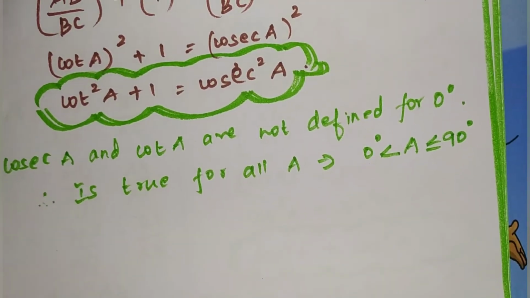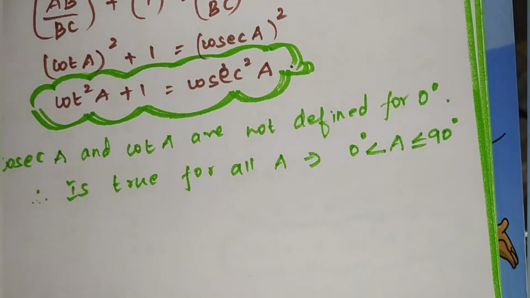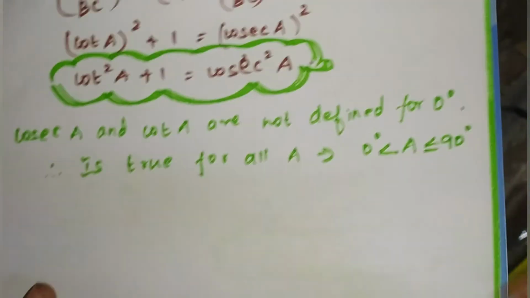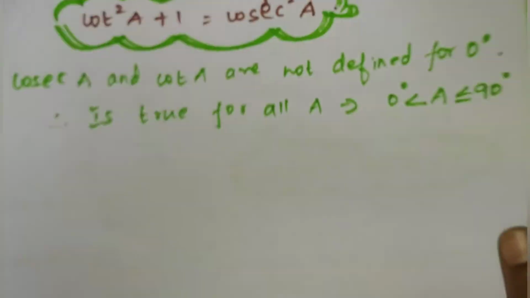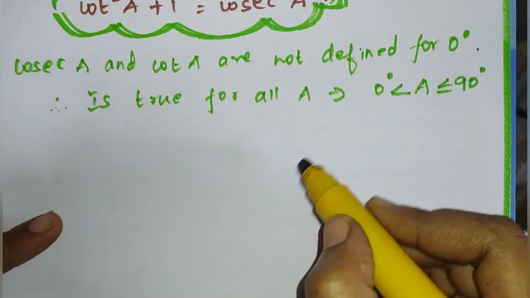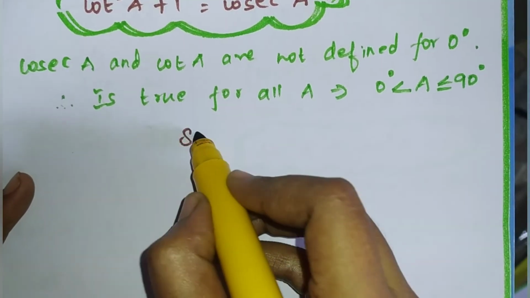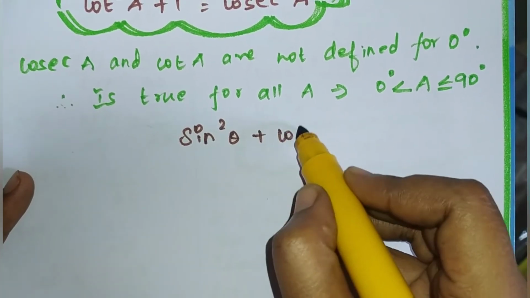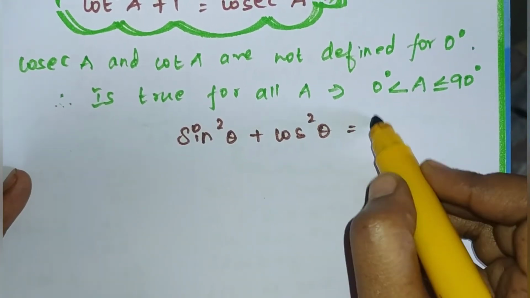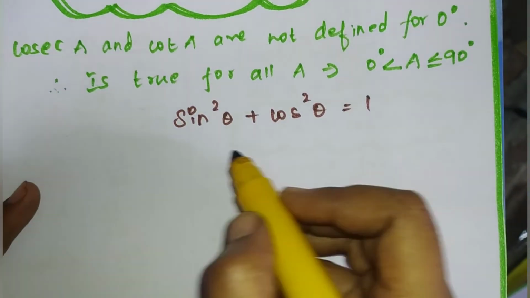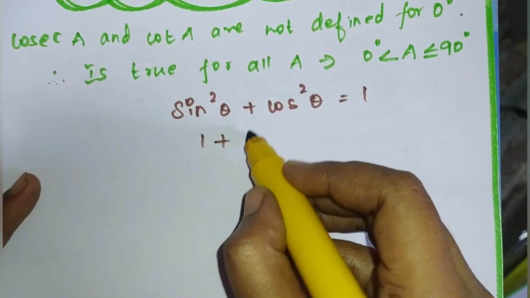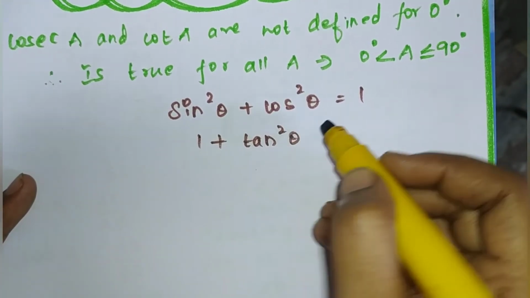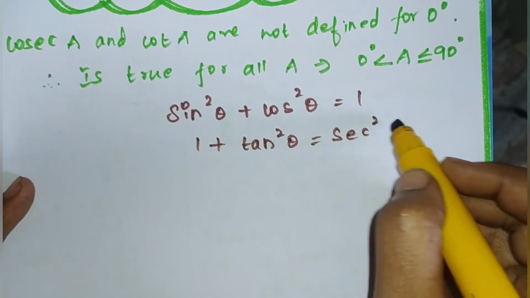So what are all three trigonometric identities we found? First trigonometric identity is sine square theta plus cos square theta is equal to 1. Next, 1 plus tan square theta is equal to secant square theta.